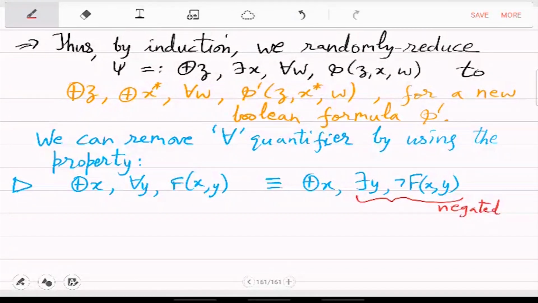Why are these two equivalent? Well, if the number of satisfying assignments of the inner part is odd for X, then for the complement, the negation, if this is true odd many times, then it's also false odd many times. That's the proof.